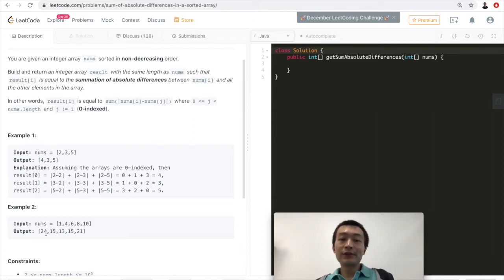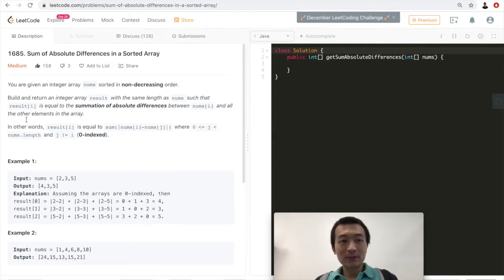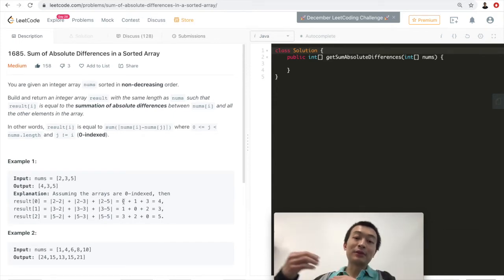So the first idea that naturally comes to anybody's mind is to use the brute force way, which might work, but I doubt it because this one is marked as medium. If you really use the brute force way, which is to calculate the absolute differences just like the definition of this problem, we just iterate through the absolute differences and sum all of them up.